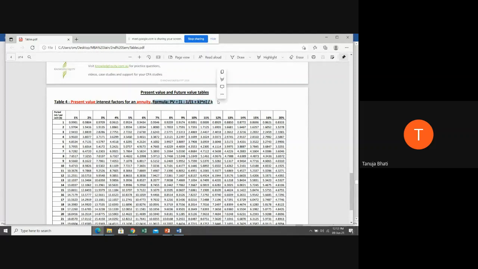Just substitute the figures in the formula. So 1 minus 1 the whole divided by 1 plus k raised to n the whole divided by k. Use this formula and find out the present value annuity factor.